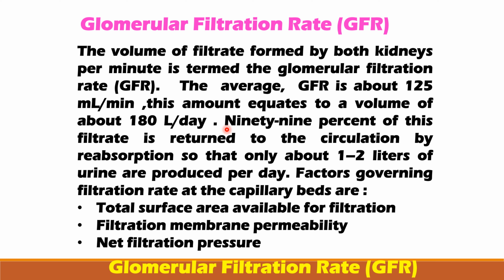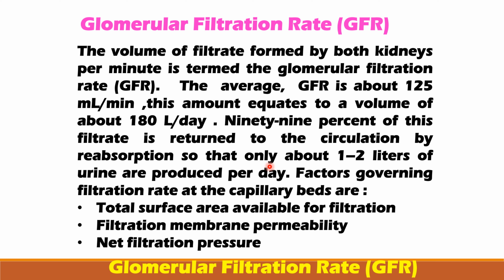So if we divide 180 by 3, it will be 60. 60 means this 3 liters of the plasma is filtered 60 times through the nephrons every day, and this is essential to remove the waste products of metabolism and the toxic substances from our blood, which is one of the core functions of the kidney.